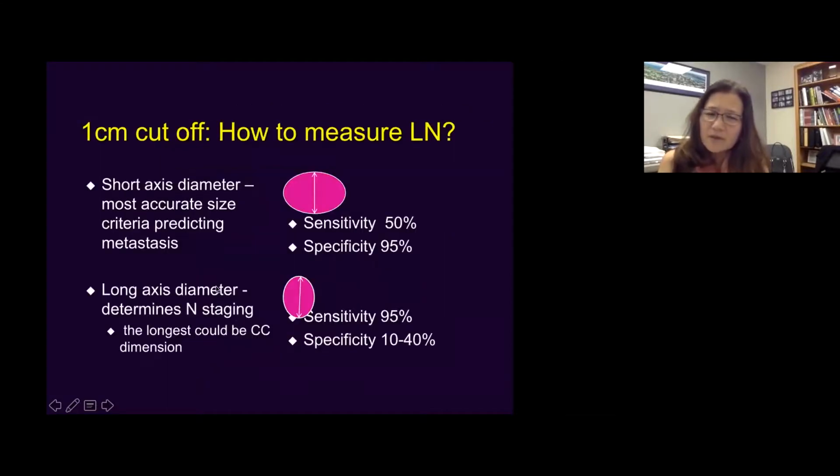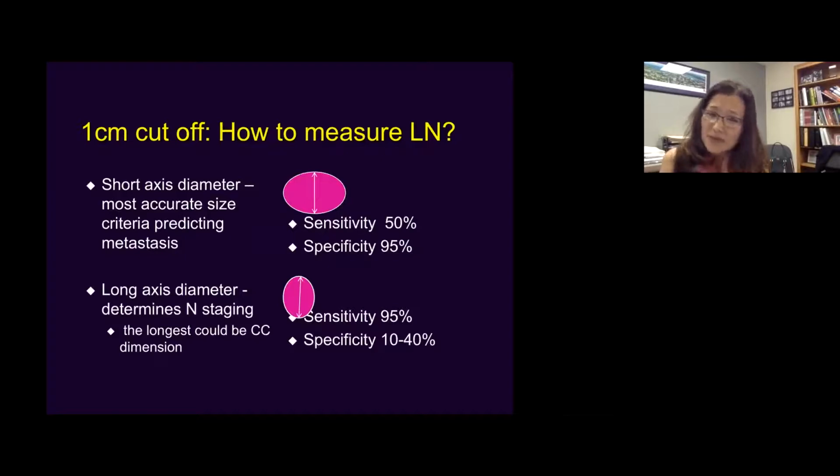How do you measure the lymph node? This is a pretty commonly seen question. If you use the short axis diameter of 1 centimeter, which means the long axis could be 1.5, 1.4 centimeter, the sensitivity is about a coin flip, 50%.